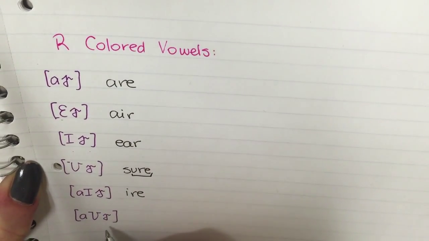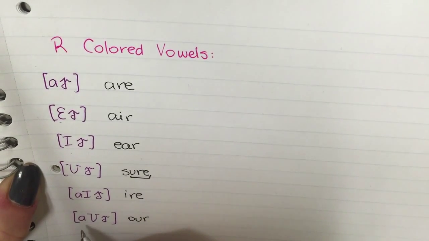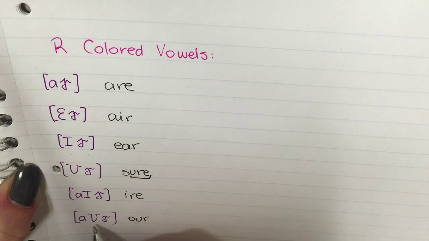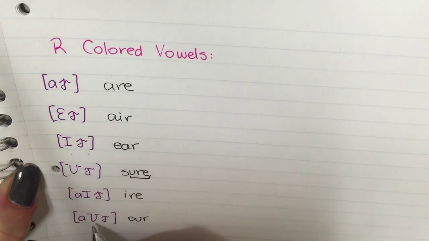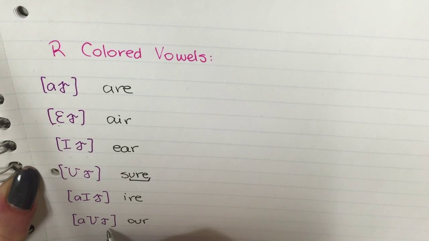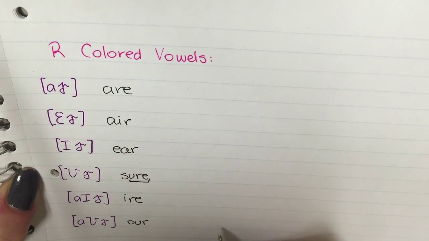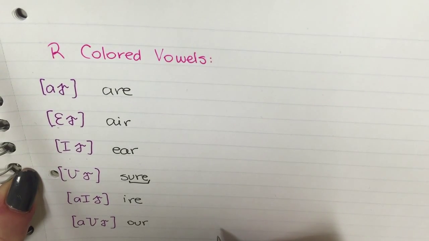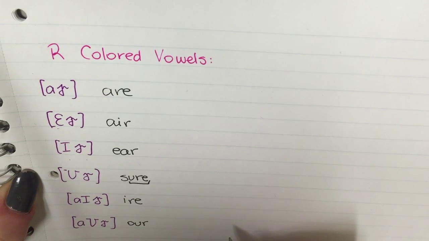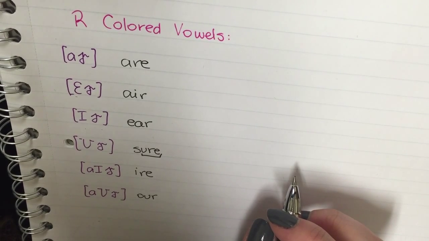And lastly, there is our, which also has three, the A from father, the open U from book, and the unstressed butter. So these R-colored vowels are used in relation with other vowels and an R sound at the end of it, which is generally the unstressed butter sound. Or we can also call it the retroflex R.